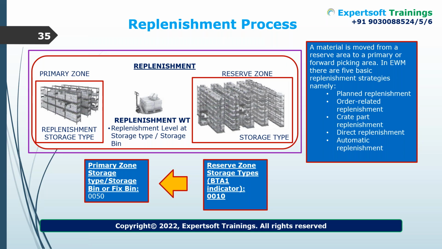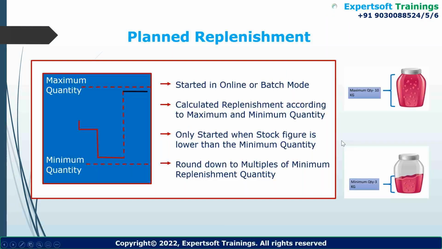So you store the bulk product in the reserve zone, and whenever your stock in the primary area gets lower than the minimum quantity, the system will trigger the replenishment task and replenish your primary zone or pick face. There are many methods like planned replenishment and automatic replenishment. We'll see those things later.